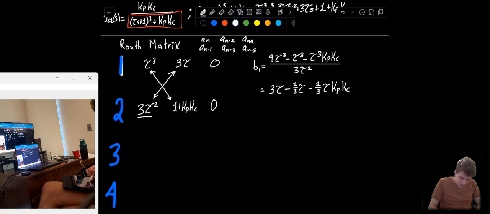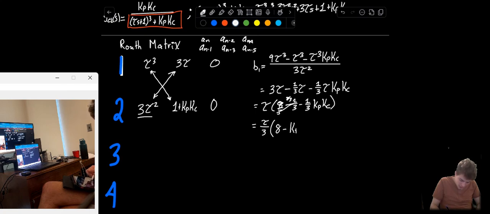Factoring out our tau here, we end up with 3 minus 1/3 kp kc. 3 minus 1/3 goes to 9/3 minus 1/3, which is 8/3. So let's pull out that over 3 term there and make it tau over 3 times 8 minus kp kc.